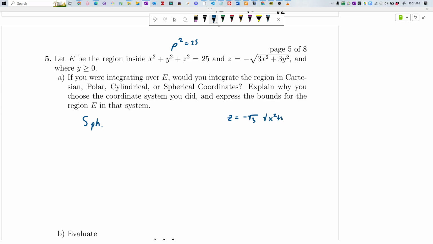X squared plus y squared. Okay, so if we were trying to use cylindrical, then we could rewrite this as r squared in the square root. But then we wouldn't be able to use this rho. We would instead have to use r squared plus z squared is equal to 25. Which I suppose is possible.